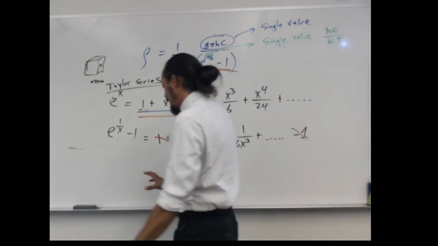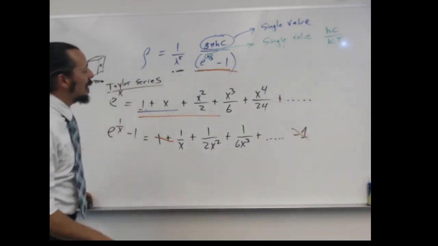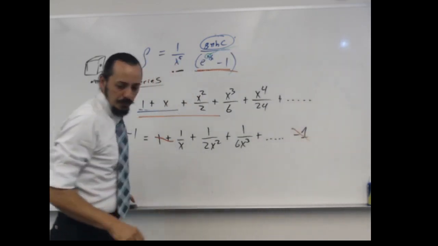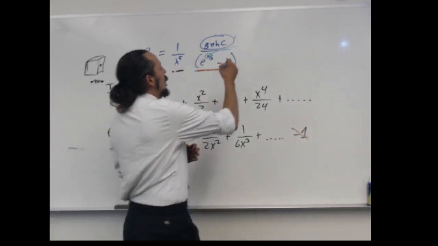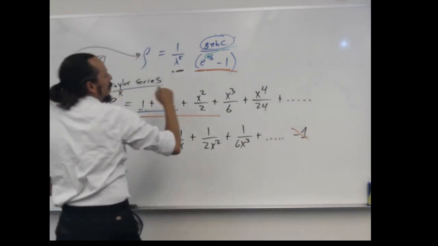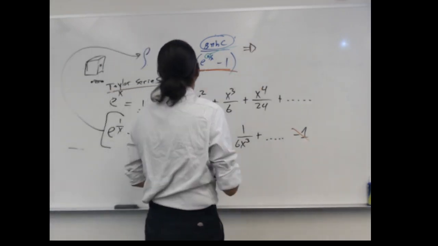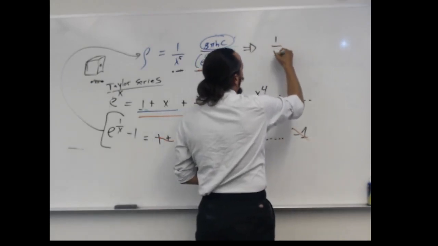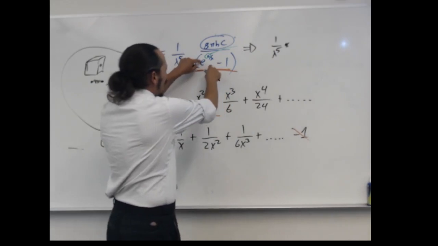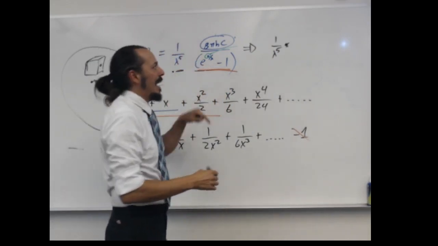So what is done in the textbook is we simplify this entire thing by using this Taylor series expansion. This equation becomes 1 over lambda to the 5th times 1 over 1 over x.